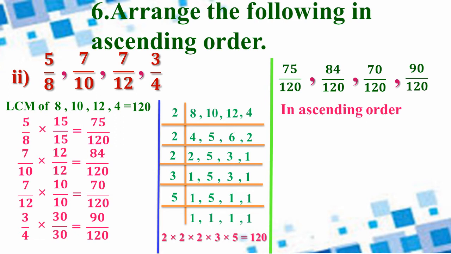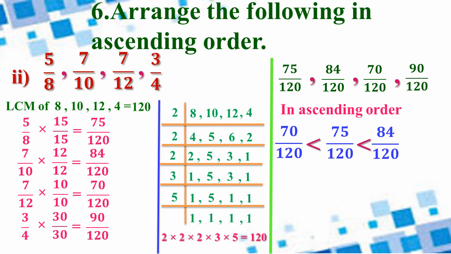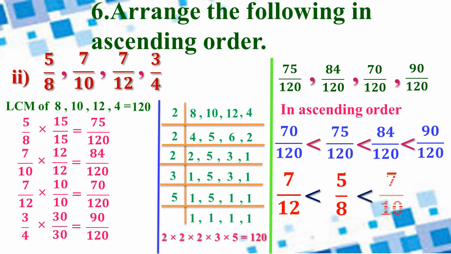So in ascending order, the first smallest fraction is 70 divided by 120. Next, 75 divided by 120. The next fraction, 84 divided by 120. Last, 90 divided by 120.